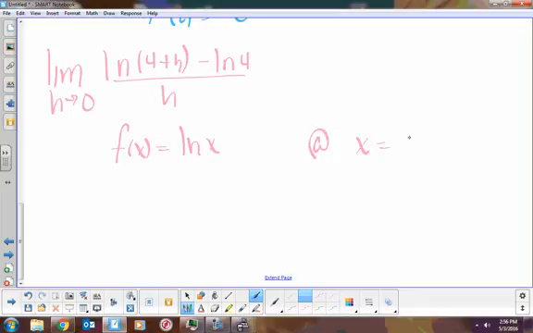X equal 4. All right. So what is the derivative of f? How do you do the derivative of ln? 1 over the function times the derivative of the function. So now what is the derivative at 4? Remember to change a base if it's a log. What is this derivative? 1/4.